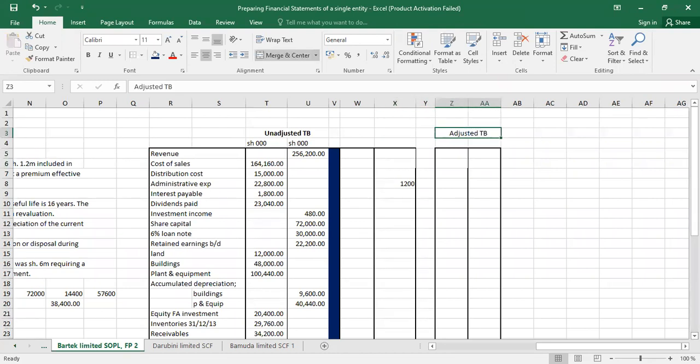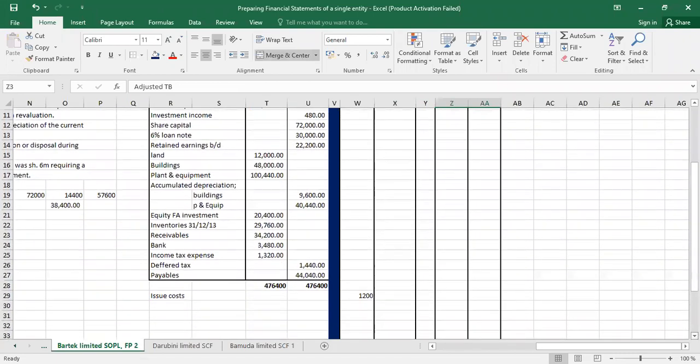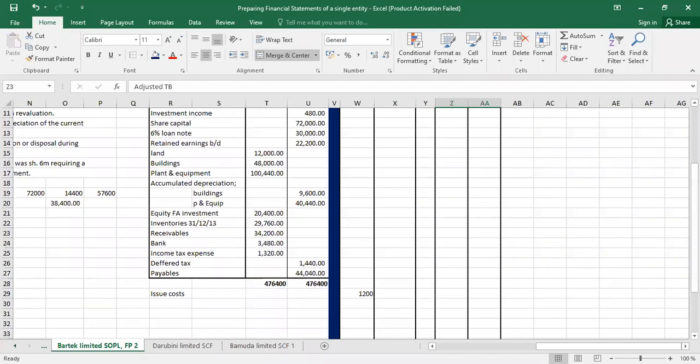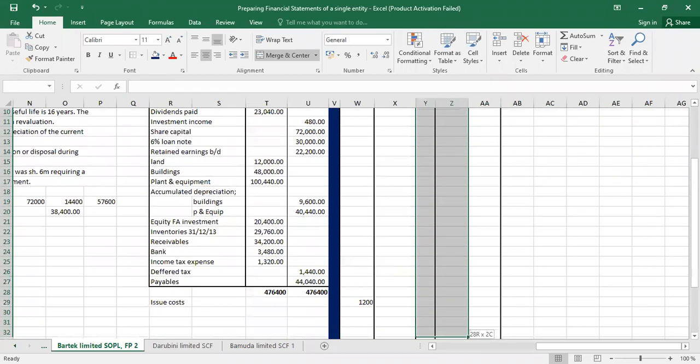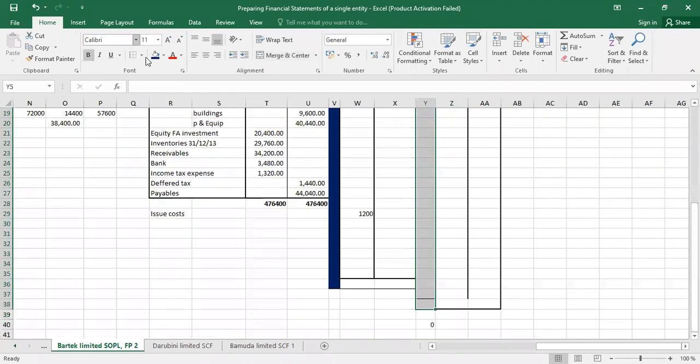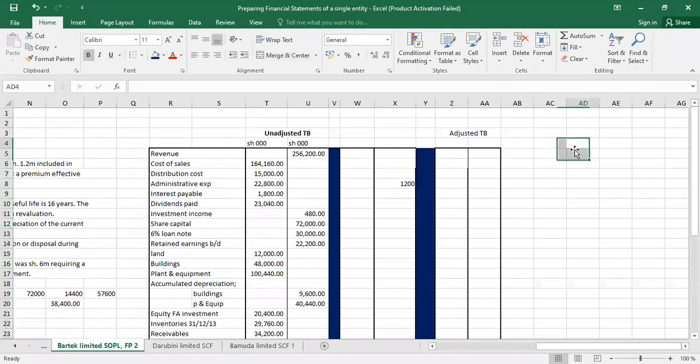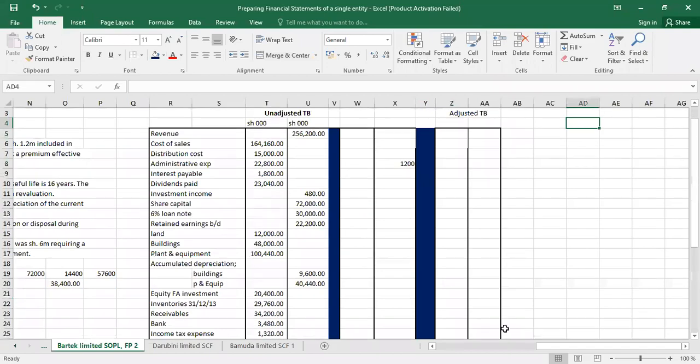So we already entered the first adjustment of 1200, the issue costs, isn't it? I can mark that one so that I can see where the adjusted trial balance begins from. So we continue to note number 2.